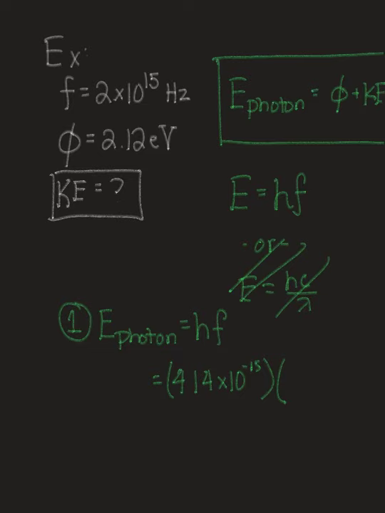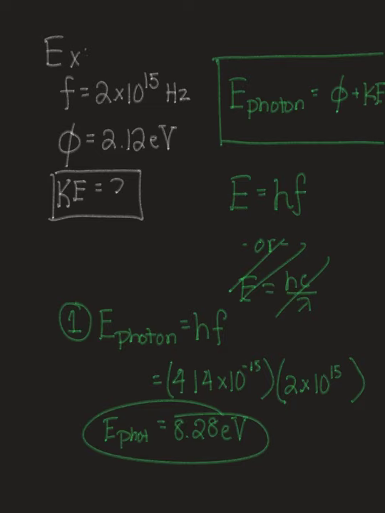The frequency given in this problem is 2 times 10 to the positive 15th, so those exponents cancel out. And the energy of the photon is 8.28 electron volts.